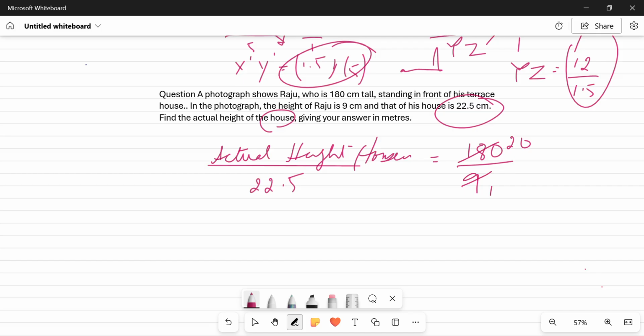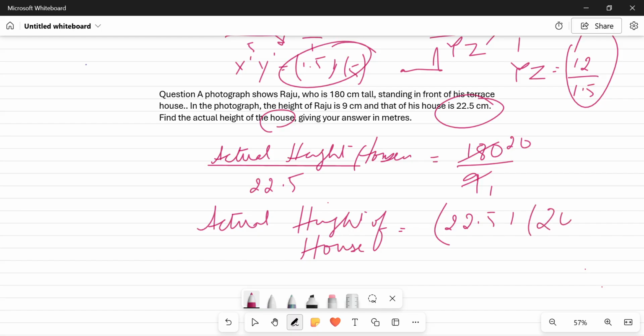So the actual height of the house is 22.5 times 20. Let me calculate this: 22.5 times 20 gives you 450.